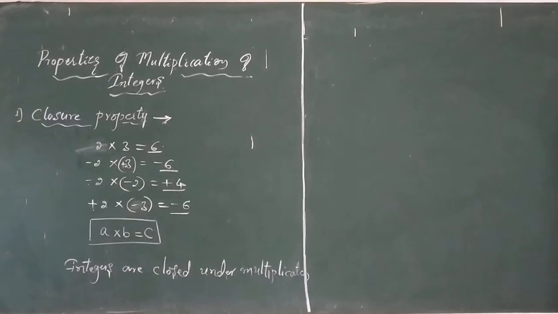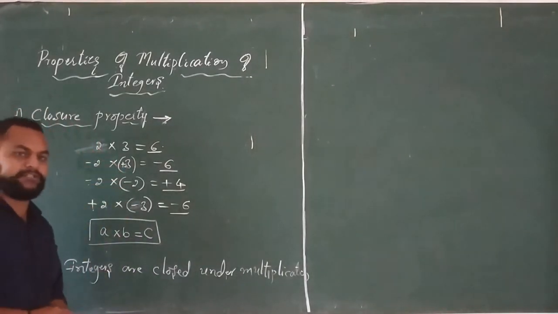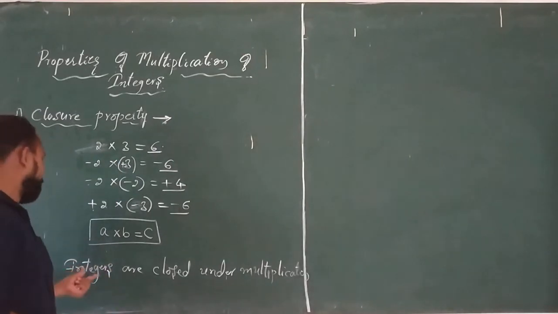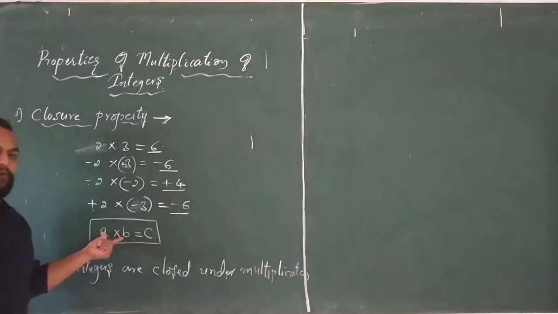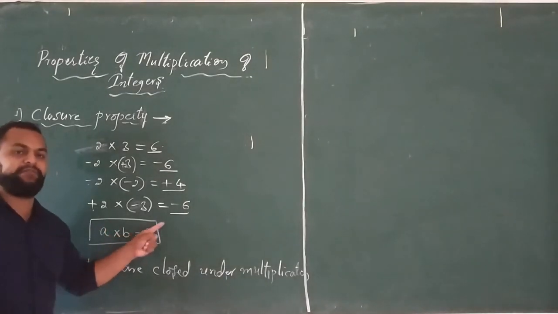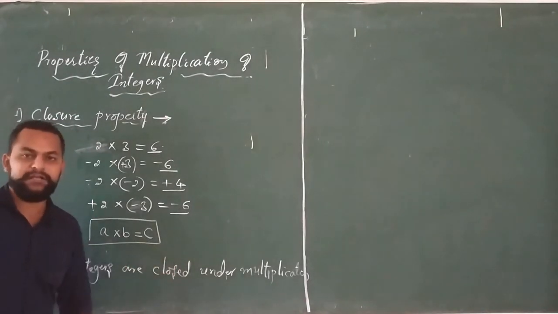The product of two integers again is an integer. That means the rule of closure property under multiplication is a into b is equal to c. The integers are closed under multiplication.